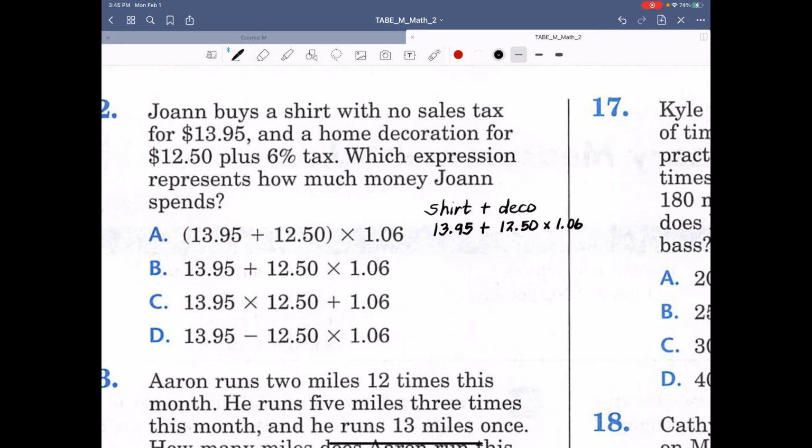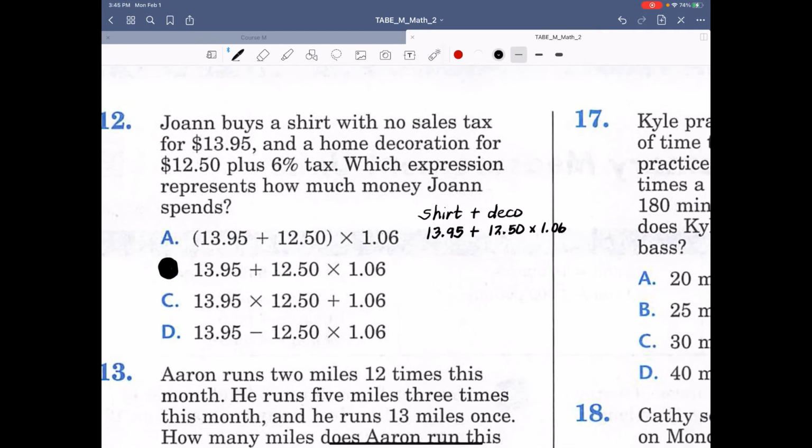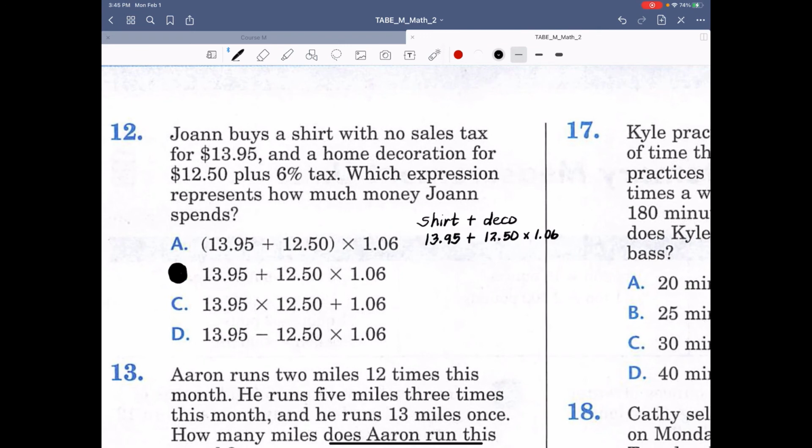So for this one, I like B as in boy. Sales tax is multiplied by your price. Number 12 is B. And I really want to put parentheses around that, but you don't have to, because the order of operation says that you multiply before you add.